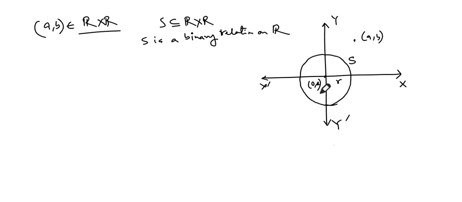So this area is a binary relation on R because S is a subset of R cross R.